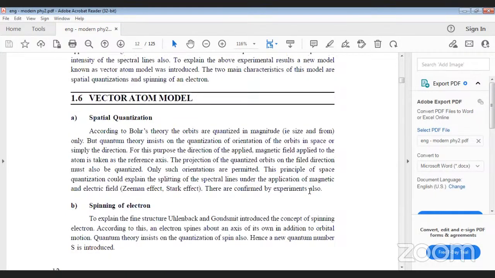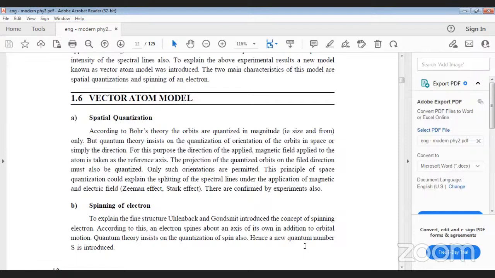Next is the vector atomic model. According to Bohr's theory, the energy is quantized in magnitude, that is, the size is quantized. But quantum theory insists on quantization of the orientation of the orbits.